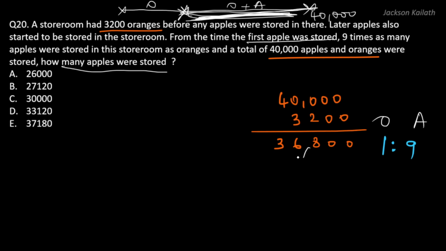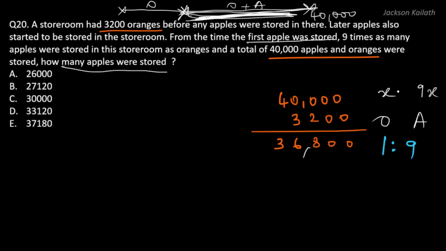Let's quickly have a side note over here. If you want to divide this in 1:9 ratio, how do we do that? Let's take oranges as x. Let's say there are x oranges in this. Because the ratio of oranges to apples is 1:9, the number of apples has to be 9x, right?